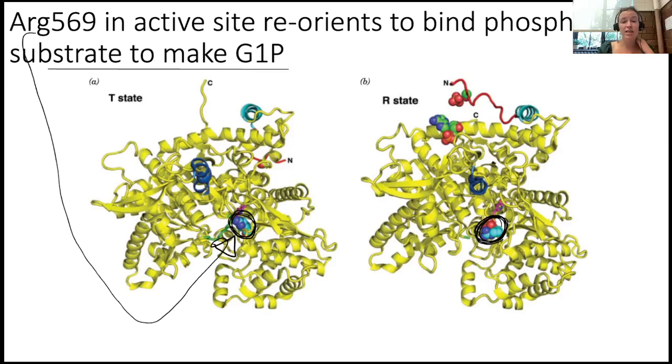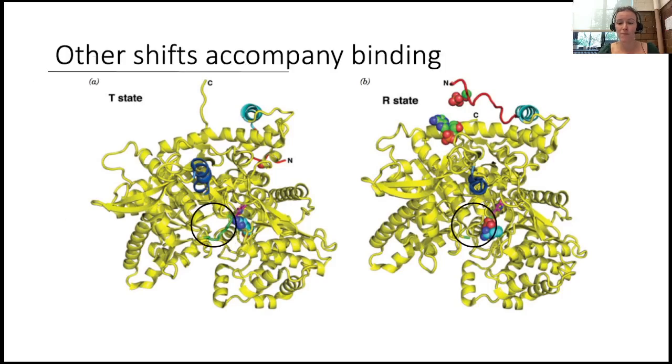So the arginine in the active site also changes where it's located. Well, this makes binding of the phosphate substrate better. So here we're talking about making the Km stronger, making the Km smaller. So changes at the allosteric site impact the structure of the active site, making binding of substrate better.